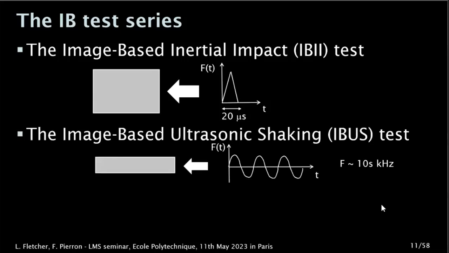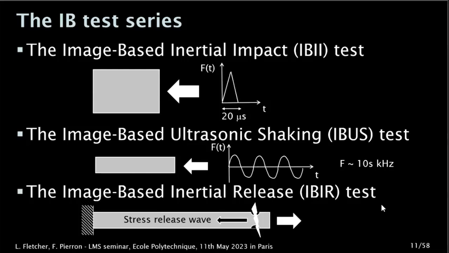Another way to put the energy in is cyclically, and to reach high enough rates, we use ultrasonic frequencies. If you use tens of kilohertz of excitation, you can establish vibration, either standing vibration or progressive waves, that will deform the material at tens to hundreds per second.